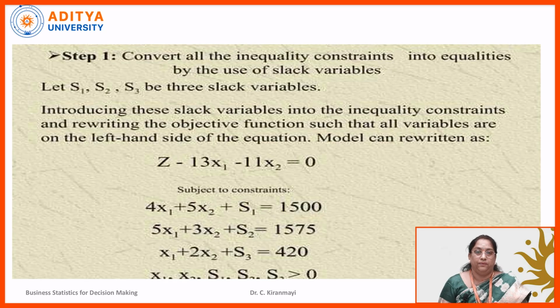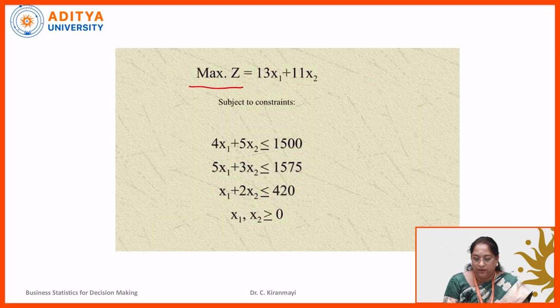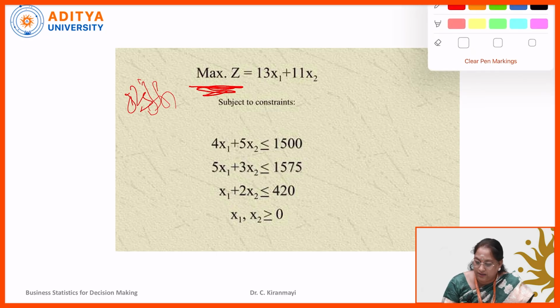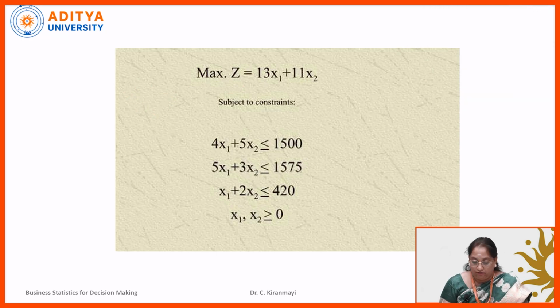The first step of the simplex method is to look at the objective function, whether it is in a maximization model or a minimization model. It is in a maximization model, therefore nothing needs to be done with this objective function. Then look at the constraints.